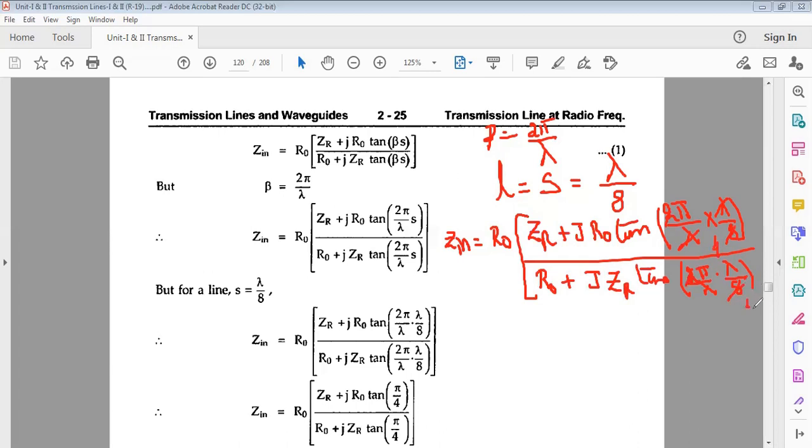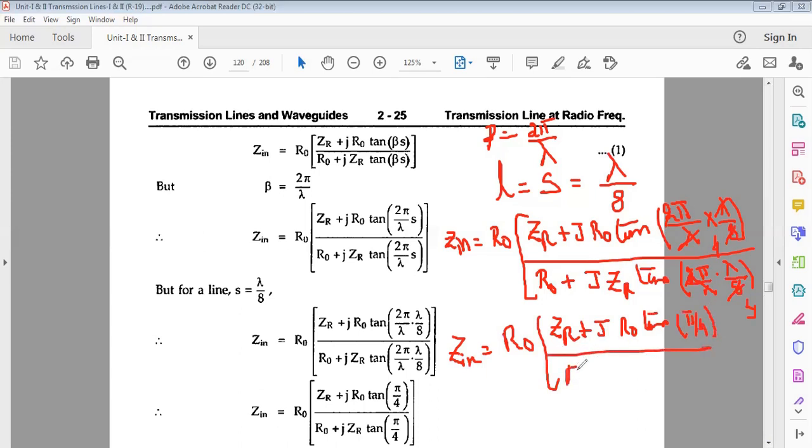So Zin is equal to R0 into ZR plus J into R0 tan pi by 4, 45 degrees, divided by R0 plus J ZR tan pi by 4.